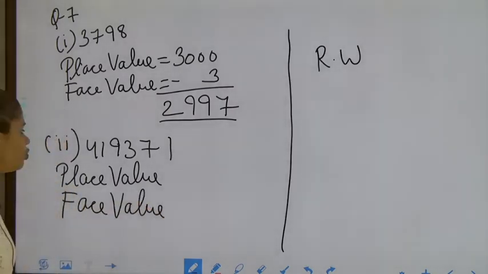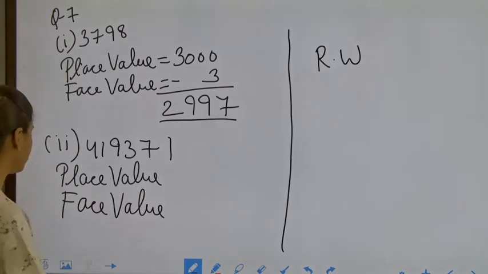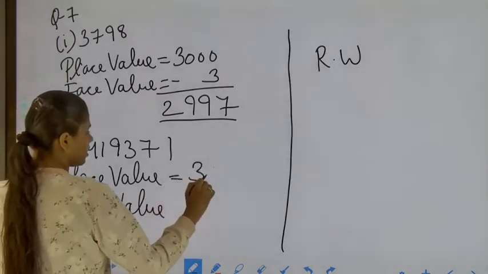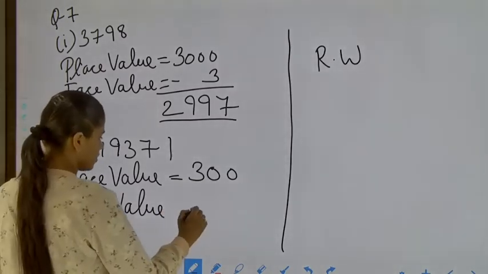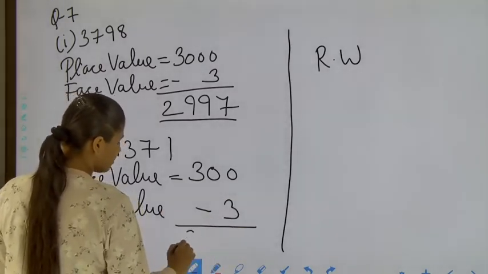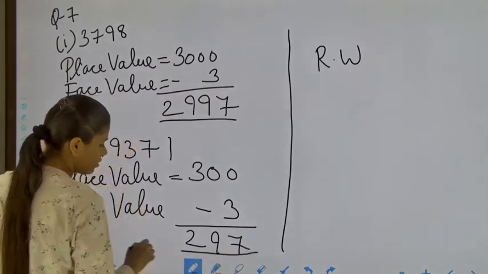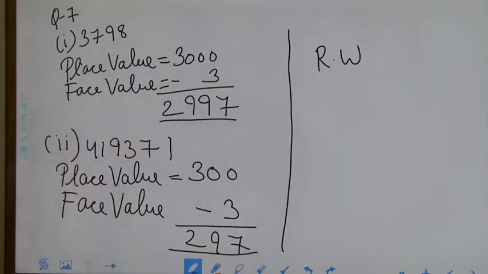We have to tell the place value of 3, that is 300, and the face value, that is 3. 300 minus 3, that is 297. Okay, you have to do these parts in your maths notebook.